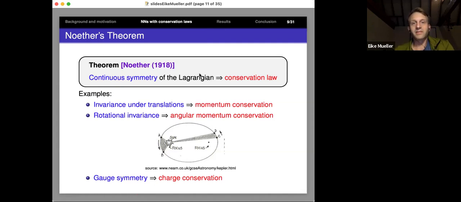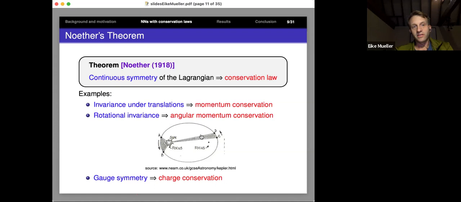One system that has this property is the solar system. If we just take the sun at the origin of the solar system and then look at the motion of planets around the sun, then this is a rotationally invariant system. If we rotate the entire thing around the sun, then the physics will be exactly the same. The reason is, of course, that the force between the sun and the planets is a central force, so it doesn't change under rotations.